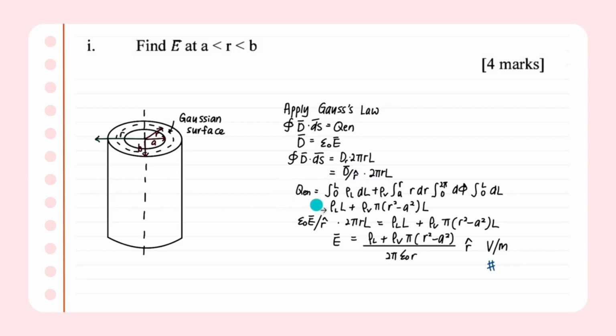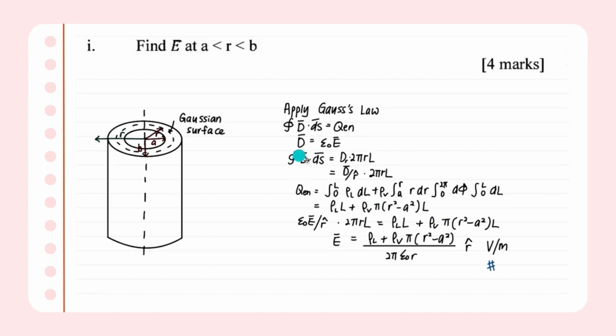And for the Q enclosed, it is equal to the integration of ρL dl with the upper limit of L and lower limit of 0, plus ρV times the integration of r dr with the upper limit of R and lower limit of A, times the integration of dφ with the upper limit of 2π and lower limit of 0, times the integration of dz with the upper limit of L and lower limit of 0. And it is equal to ρL times L plus ρV times π times the bracket of R squared minus A squared times L.